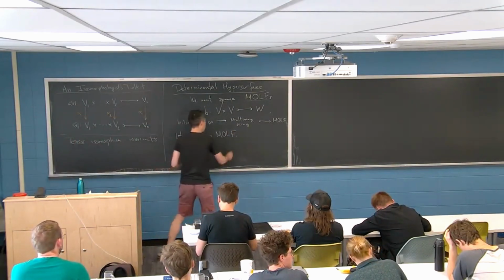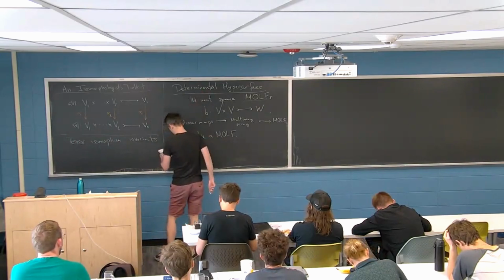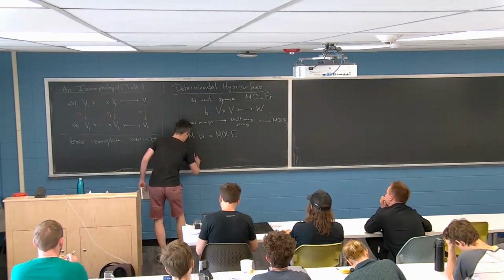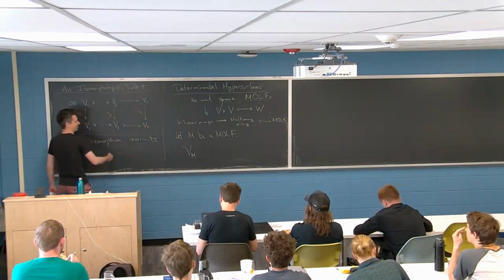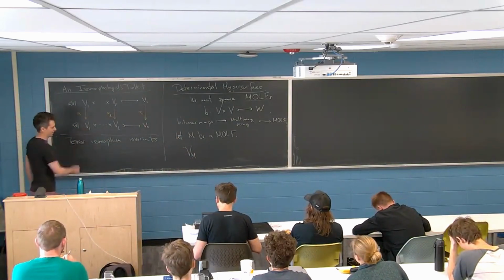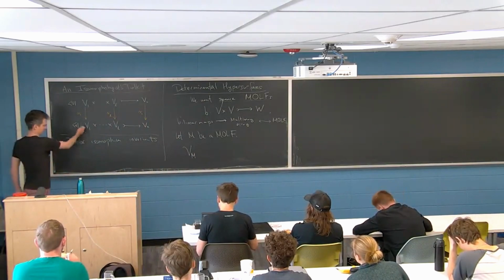Okay. So the determinantal hypersurface is the following. So I'll write it with the V sub M, and I'll try to use a slightly different font than my V's for my frame, the axes, the vector spaces here.